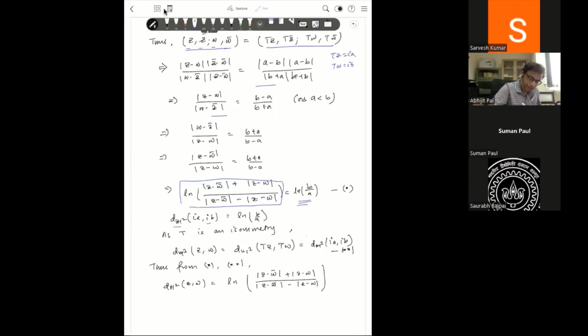Since T is an isometry, it preserves distance, so the distance between Z and W equals the distance between T(Z) and T(W), which is the distance between iA and iB. So this distance is equal to the log of this expression, and therefore we have this formula.